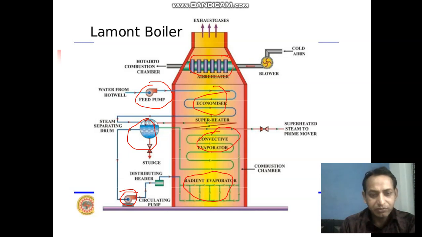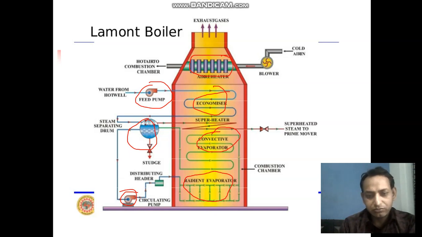At the bottom of the separating drum, the water is sent back through a centrifugal pump, which is driven by the turbine, to the radiant evaporator. This radiant evaporator is very close to the furnace. Here the water is evaporated through radiant heat transfer, and now the water is converted into steam.